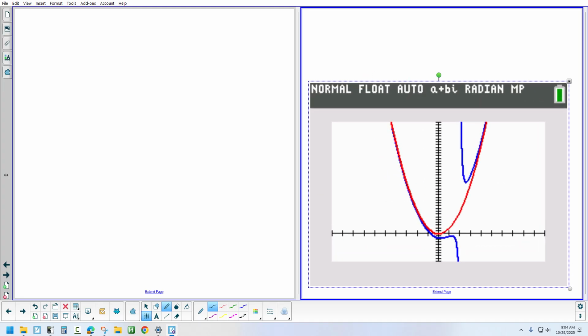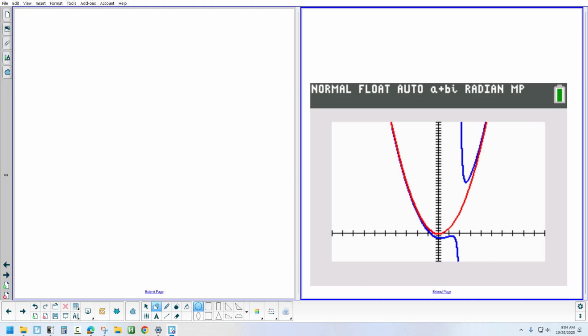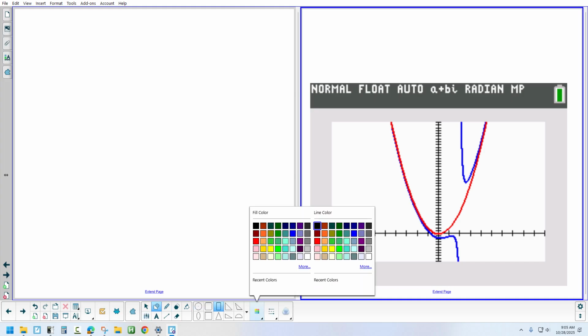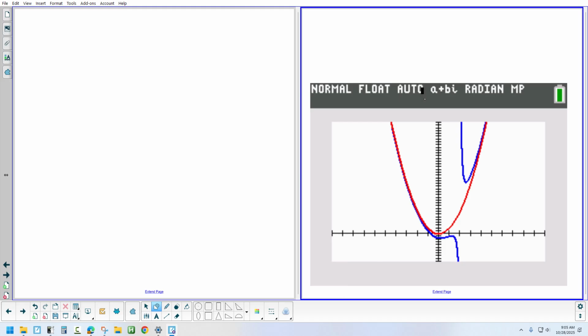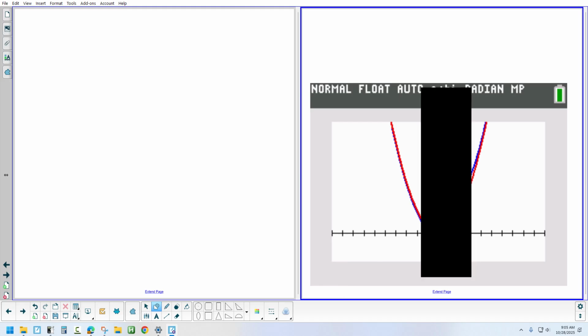Block out everything that's happening in the middle, and the blue and the red graph are pretty much going to look identical. Go like this, block out the middle, and that's exactly what an EBA and the original function should look like. When you get to the edges or the ends, they should be very, very close. Okay, so that's perfect. We still have to investigate what's happening in the middle. That's where the vertical asymptote is going to come in, and that's what I'm going to try to show you guys how to do right now.